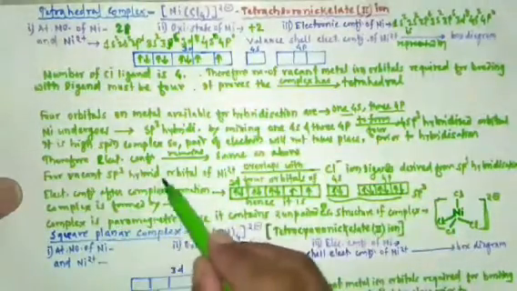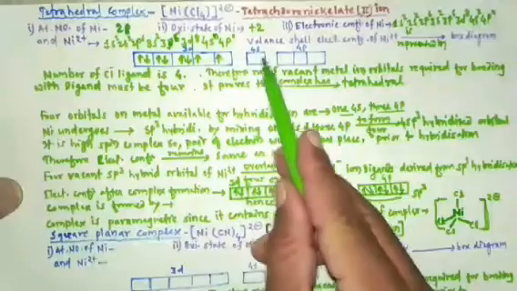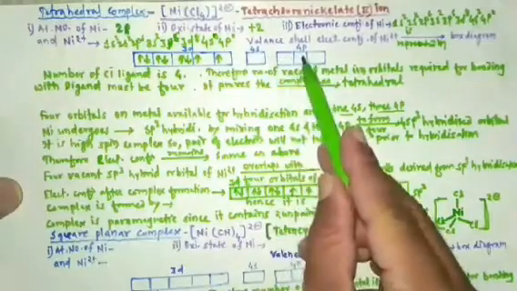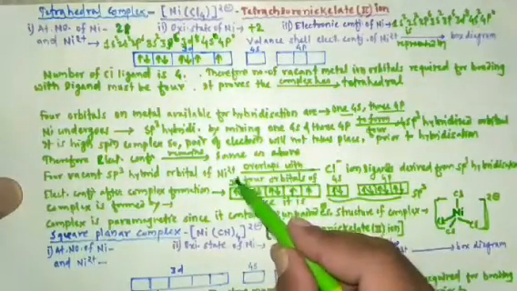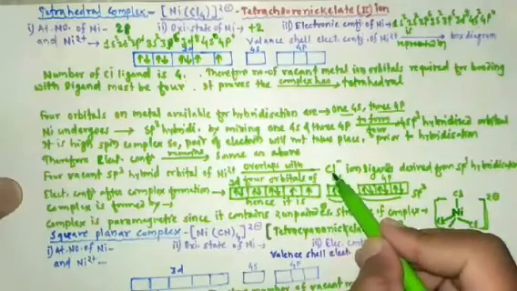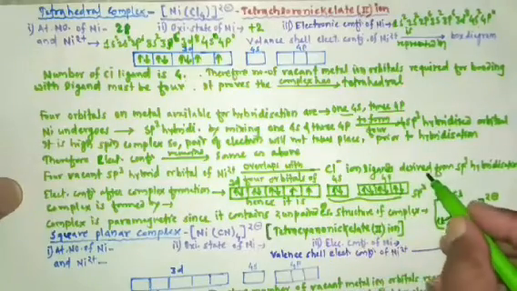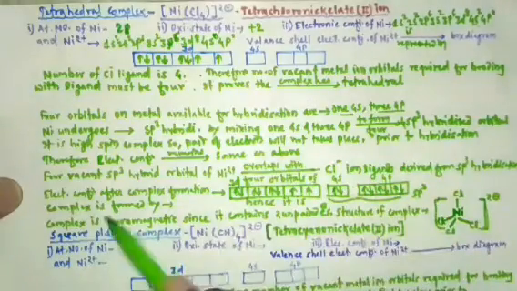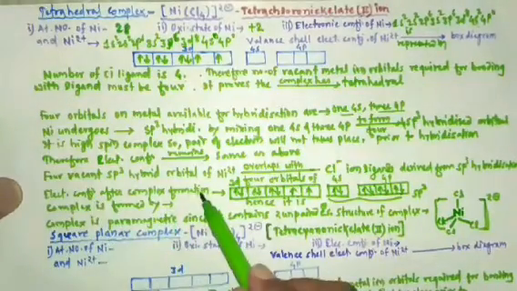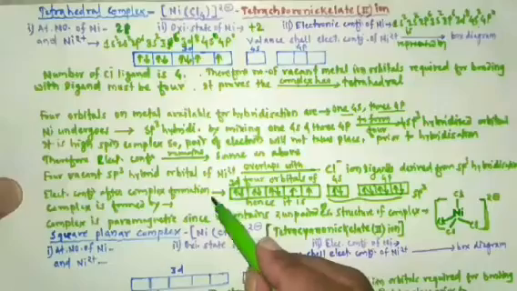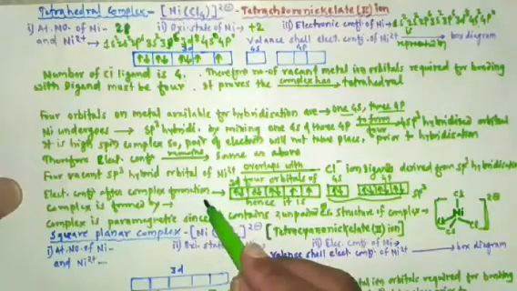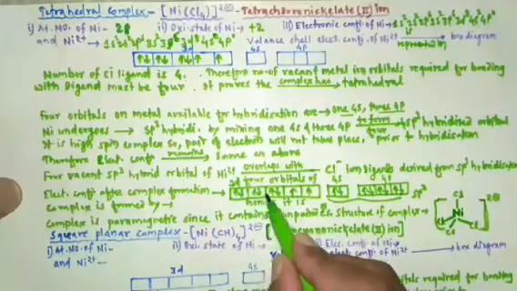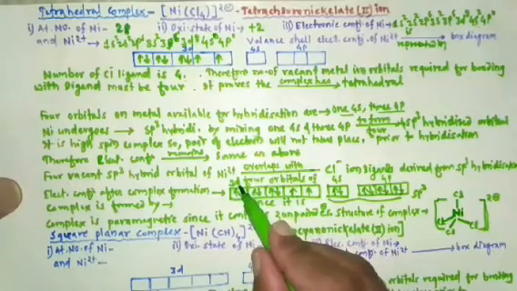The 4 vacant sp3 hybrid orbitals of nickel overlap with 4 orbitals of the chloride ions.